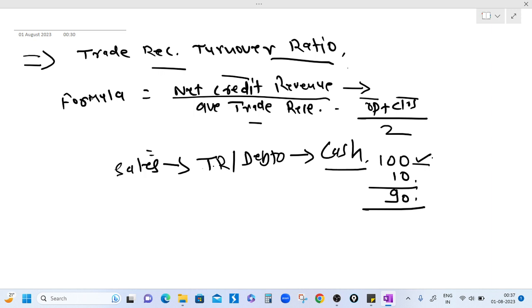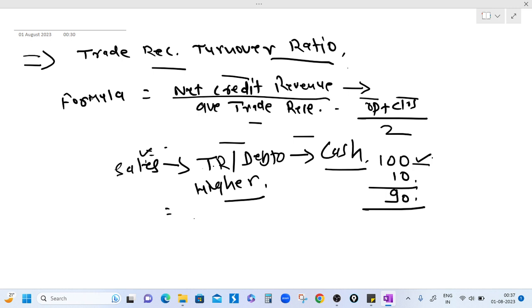This is the complete cycle, and if this ratio is on the higher side, it means the company is making sales that go into debtors, and within some days convert into cash.